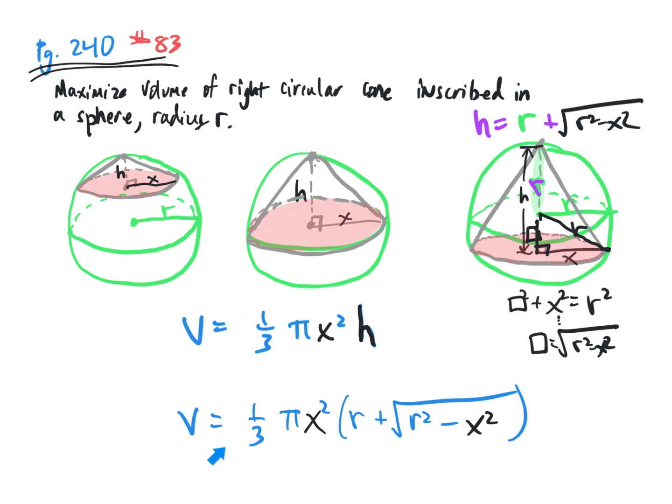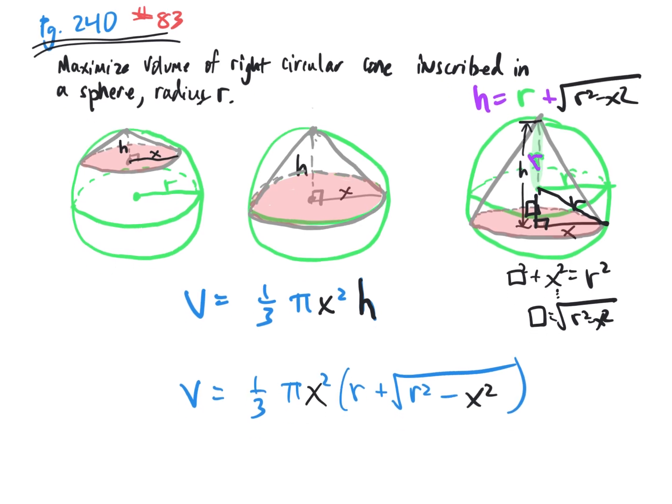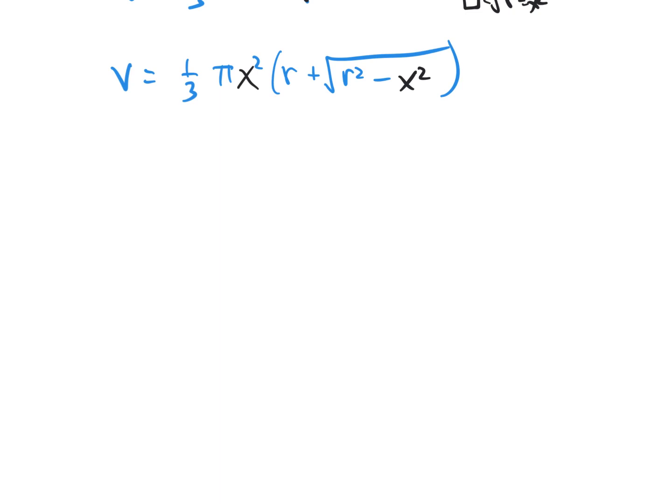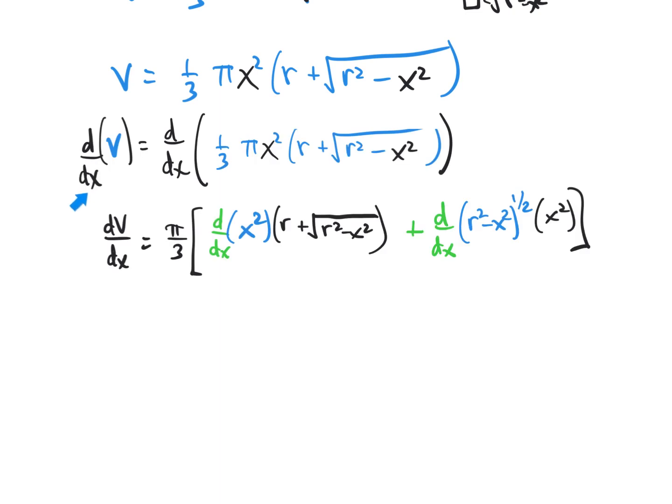All right, we're ready to do the differential calculus on this to do the optimization problem and find the maximum volume of this right circular cone inscribed in a sphere of radius r. All right, the derivative with respect to x of the left side and the right side.